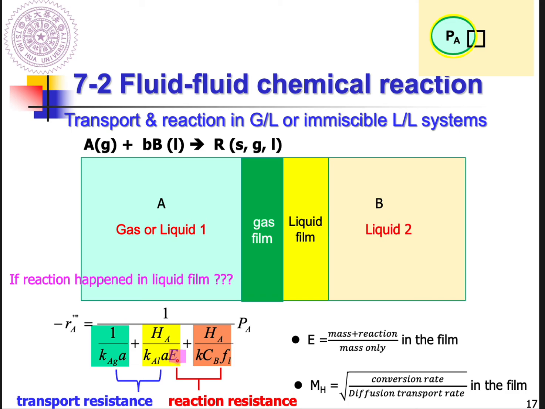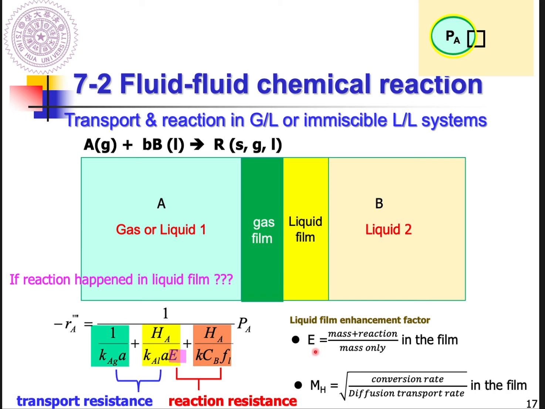So now this E includes the transport resistance and also the reaction resistance. It's a very interesting term I introduced to you. And the definition, we are going to show you in the following slides.